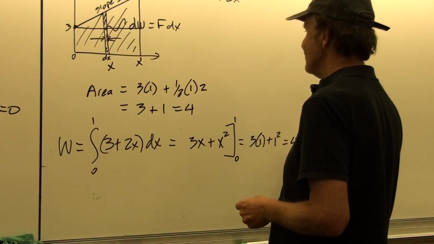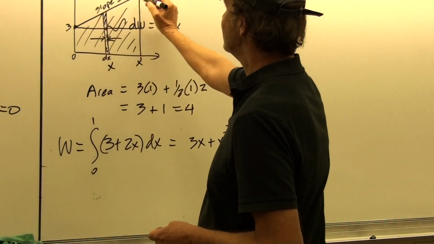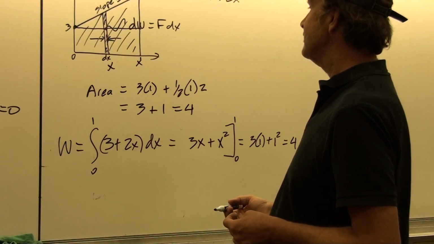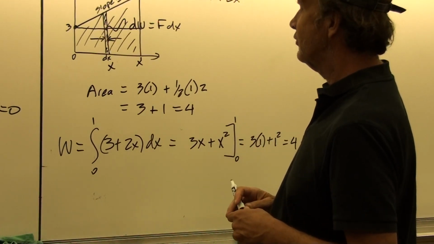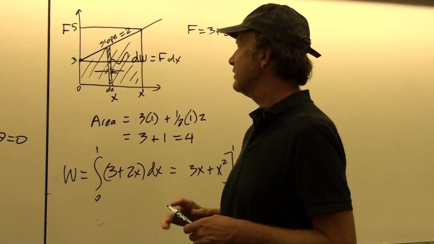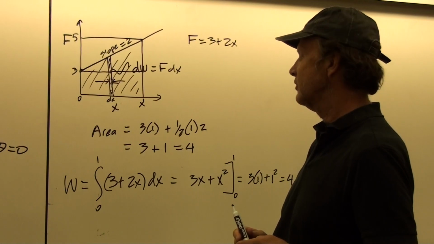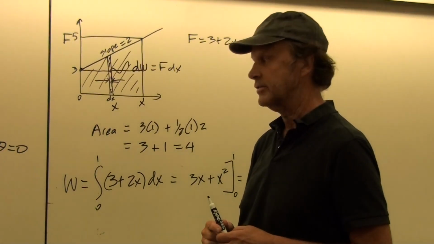And so that would be 4 joules. And that's exactly what we got here, just using our little geometric thing to get there, 4. And so that's a quick little check. And it also helps to solidify, hopefully in our minds, the fact that when we do this antiderivative, this integration procedure, that we are in fact taking the area under this curve.